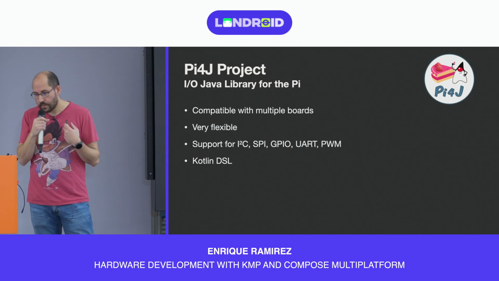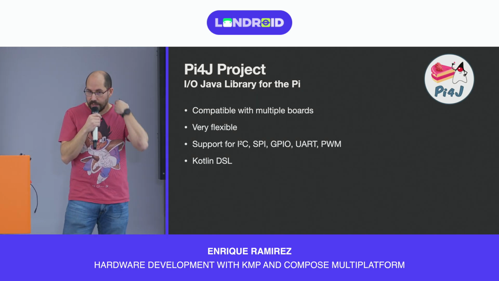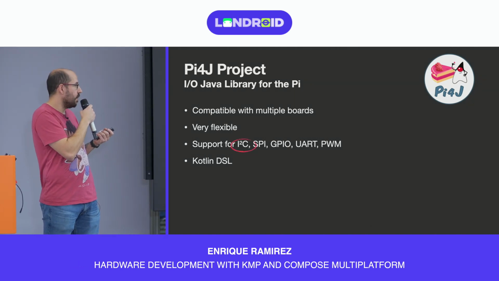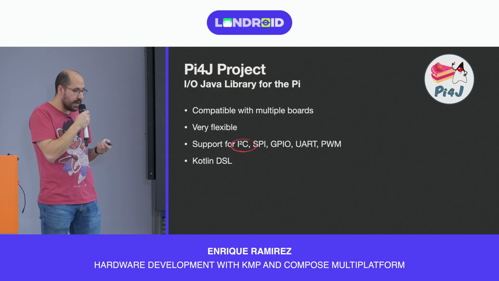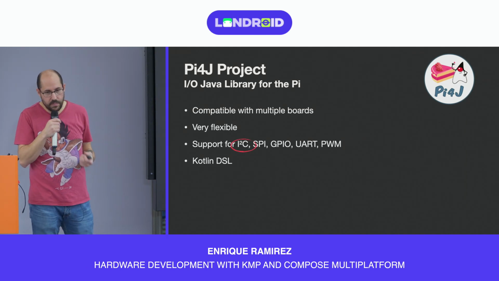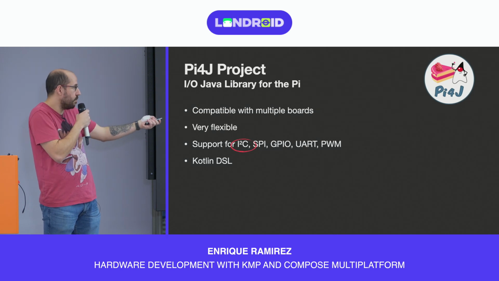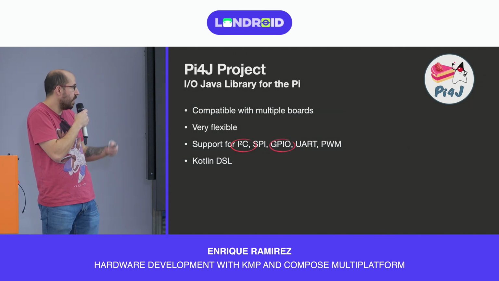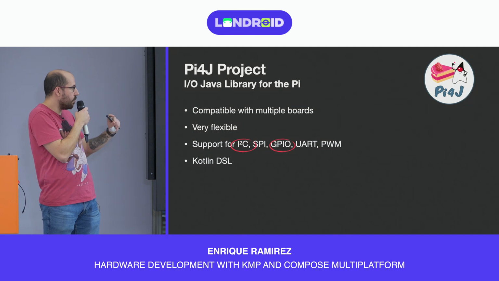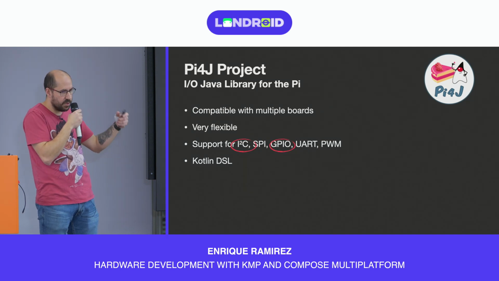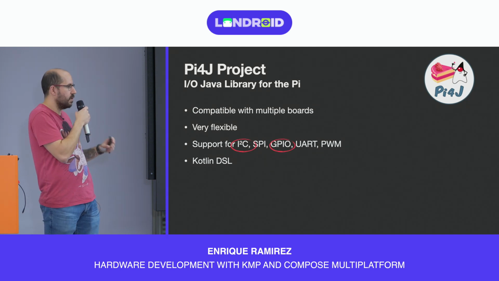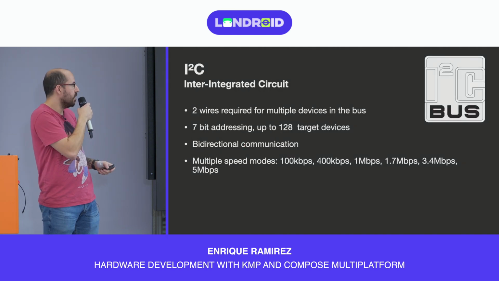You can easily, with a Kotlin DSL or some easy Java, talk to these ports, and one of them, the supported one, is I2C. But later we might be able to use the GPIO, which stands for General Purpose Input and Output, that we could use for other things.